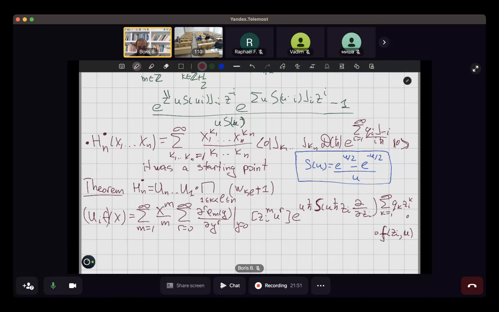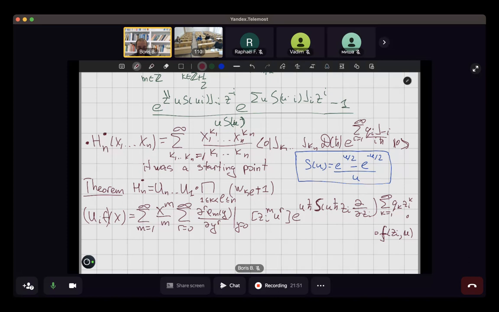WKL is equal to the exponent of h squared q k, u k l, s u k h z k d over dz k, s u k u l h z l d over dz l, z k z l over z k minus z l squared, close, and minus 1. And minus 1.